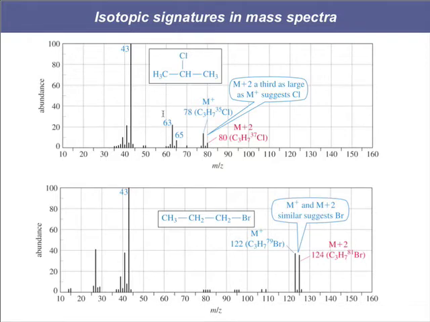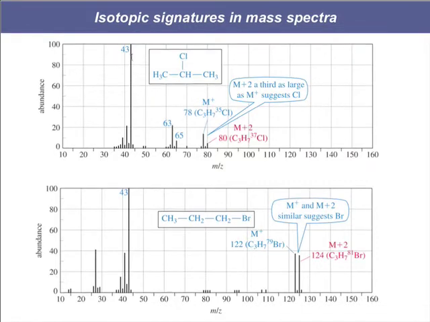So sometimes we'll lose a methyl group from our 78 and we'll get a 63. But other times we'll lose a methyl group from our 80 and we'll get a 65. So you see that any of the fragments that also have the chlorine on it will have that M plus 2 pattern. We've got a 78 and an 80, we've got a 63 and a 65.